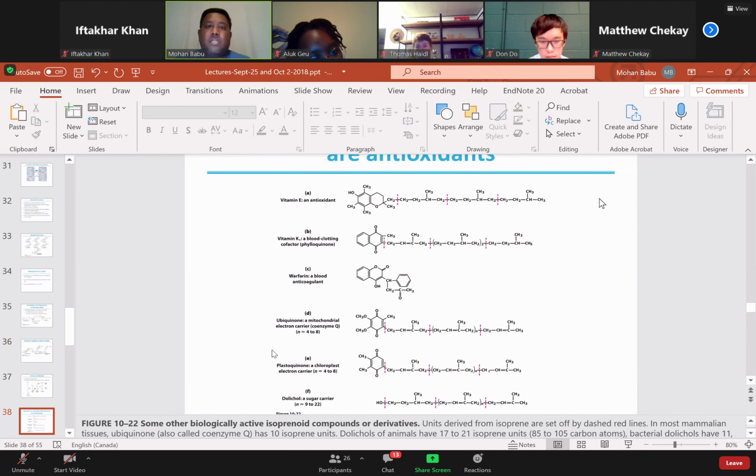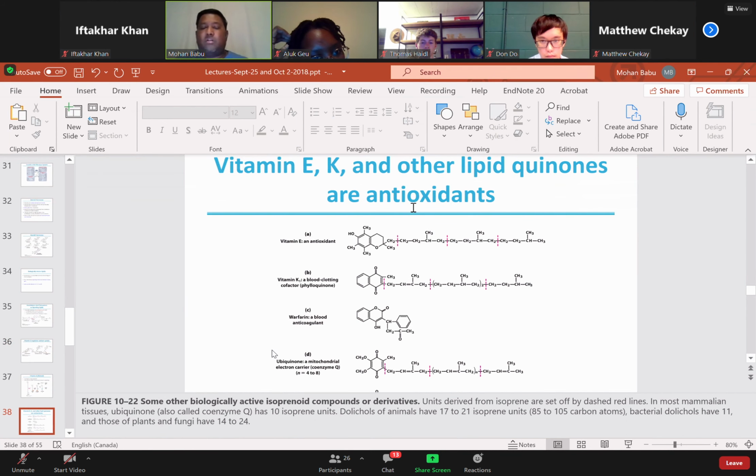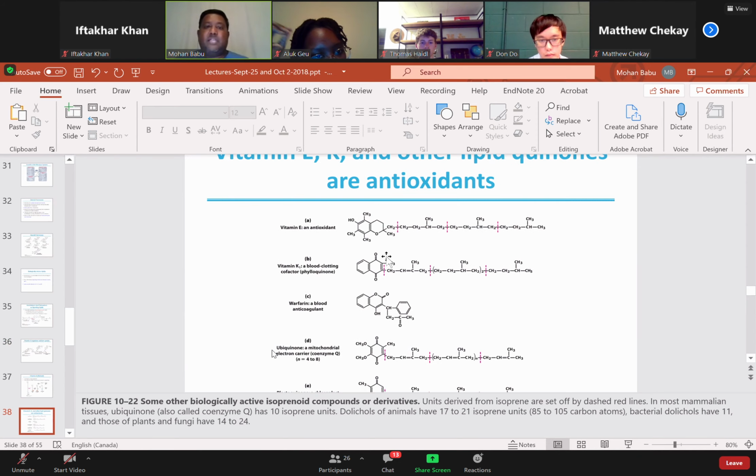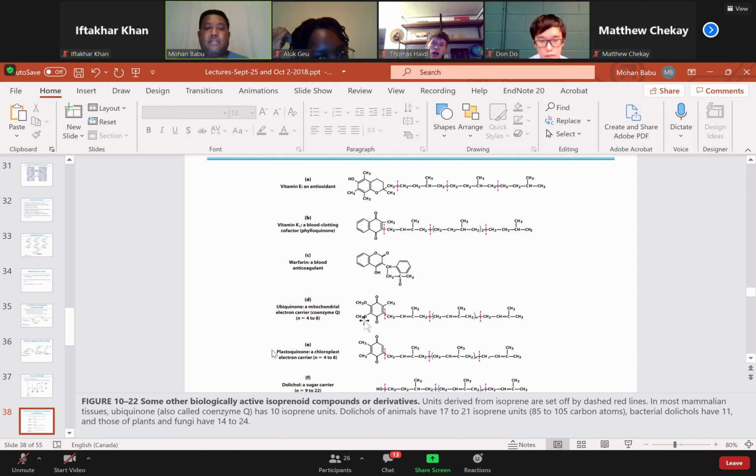Here are some of the vitamin E, K, and other lipid quinones or antioxidants. These include antioxidants like vitamin E, phytoquinones or blood clotting cofactors, and warfarin, a blood anticoagulant. Ubiquinone is a mitochondrial electron carrier, and there are also plastoquinones, chloroplast electron carriers.